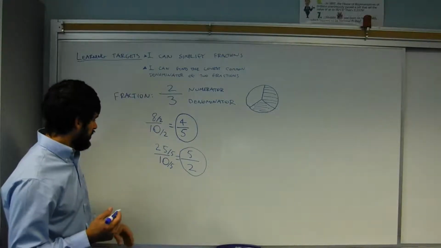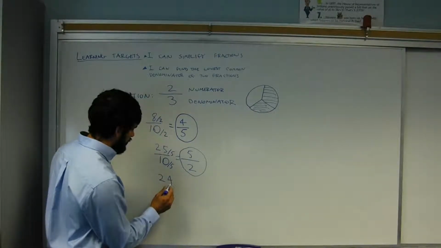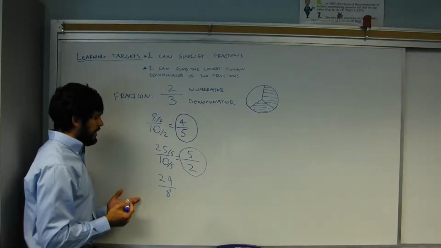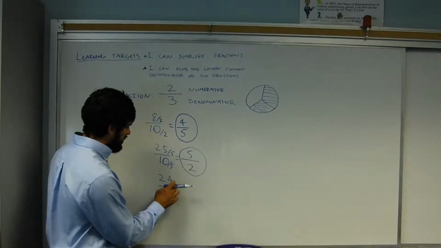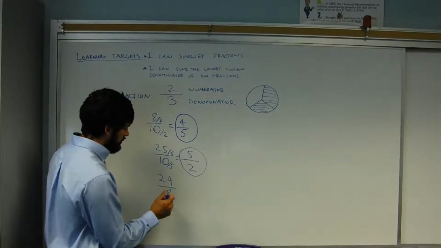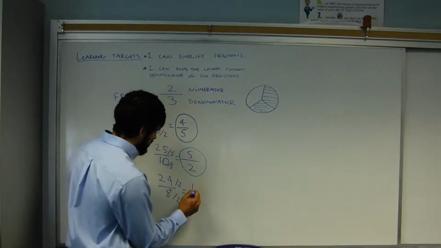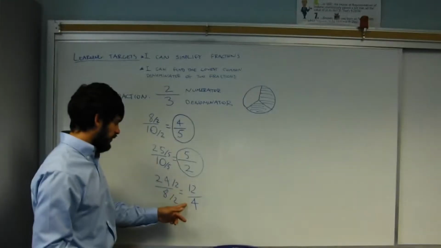So let's do another example. Let's do 24 over 8. We might know that each of these is divisible by 2. So if we divide each one by 2, we get 12 over 4.